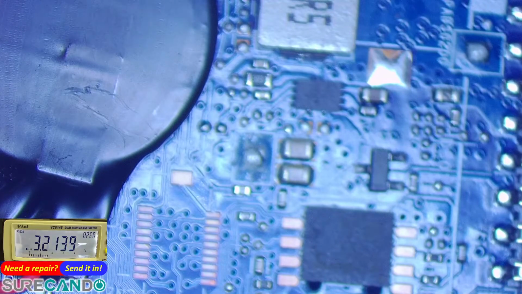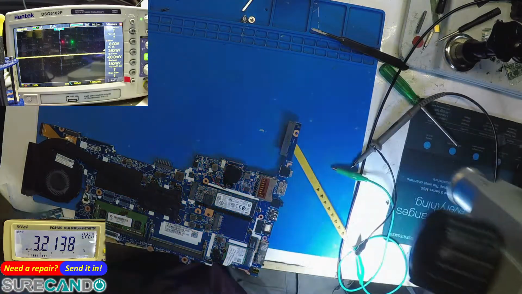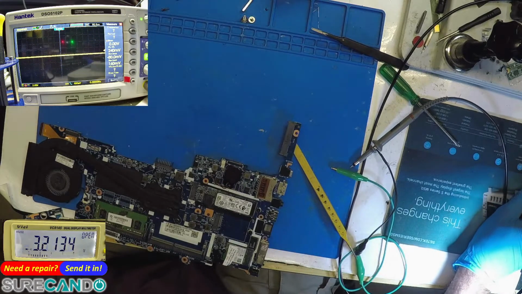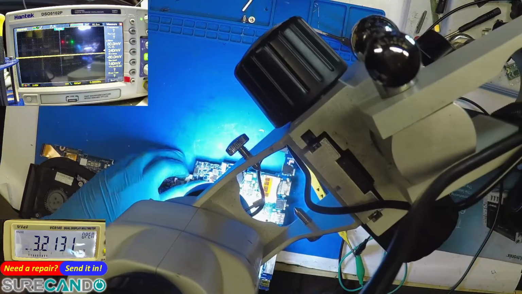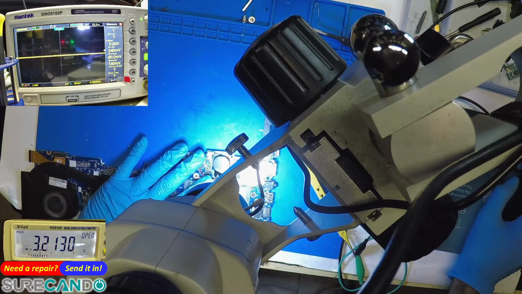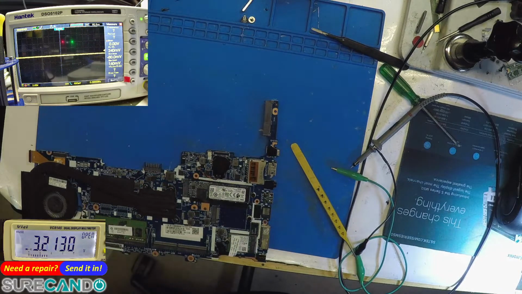It's usually Monolithic Power Systems. So let me just check that again. That was APAG710. APAG710.